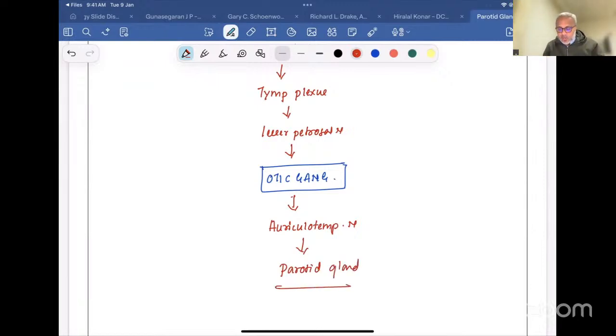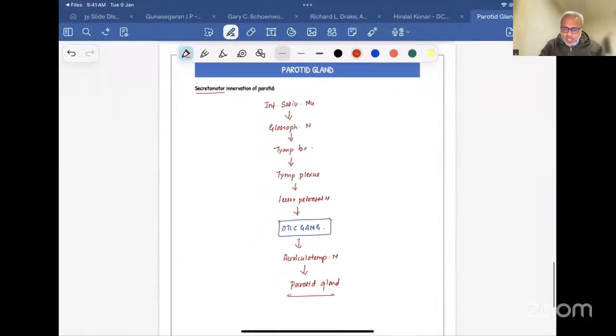Now, this flowchart can fetch you 3 to 4 marks because in the topic of parotid, maximum marks will be kept for this secretomotor innervation. So remember, inferior salivatory nucleus, glossopharyngeal nerve, its tympanic branch, tympanic plexus, lesser petrosal nerve, all these preganglionic nerves.